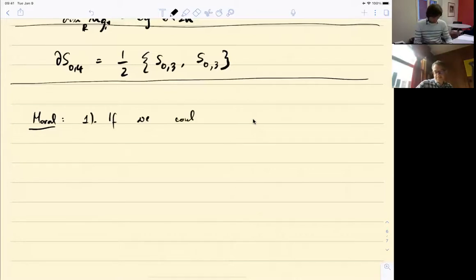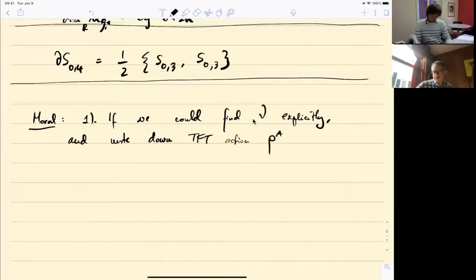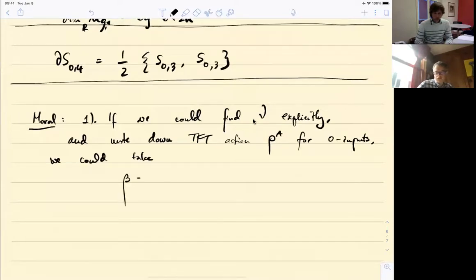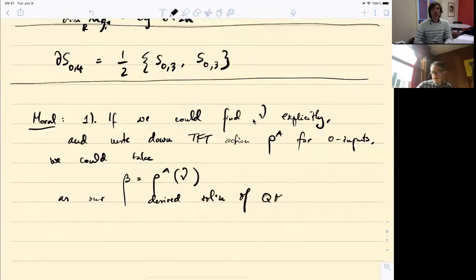If we could find this V explicitly and write down the TFT action rho A explicitly for 0 inputs, we could take beta, which would be rho A of V, as our desired solution of the quantum master equation in the Fock space of L. So again, we were trying to find a solution of the quantum master equation in the Fock space associated with L, the Hochschild chains on A.